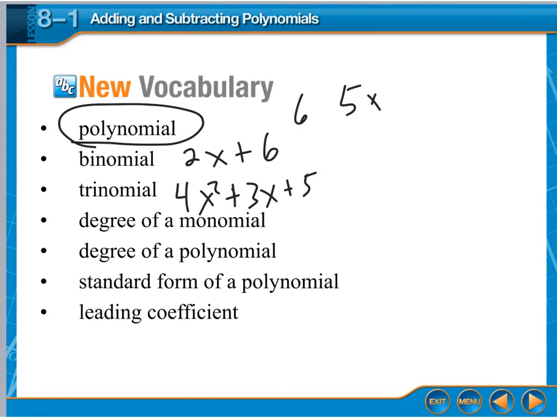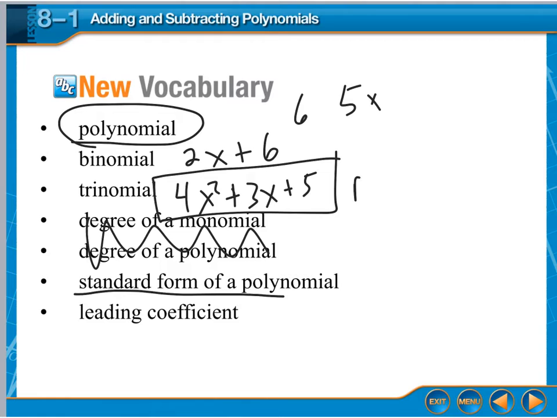Now, the standard form of a polynomial, we're not going to worry about degree right now. The standard form is just the correct order. And you notice it's descending. That means it goes largest exponent to smallest exponent. So if I had like x cubed plus x squared plus 2x minus 4, that would be in standard form, or the correct order, descending order, okay?